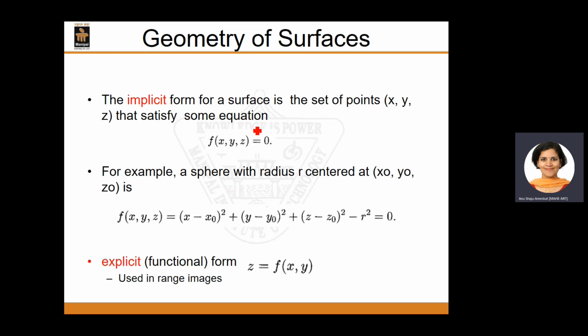Another representation of the surface is the implicit representation, where you can write f(x, y, z) = 0. And another representation is the explicit representation, where I can write z = f(x, y). These are all different ways by which you can represent the surface.